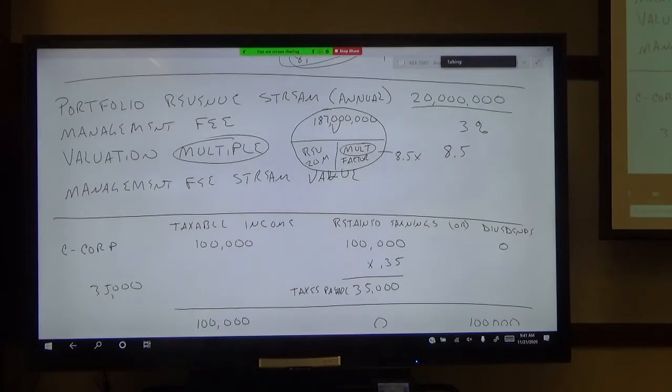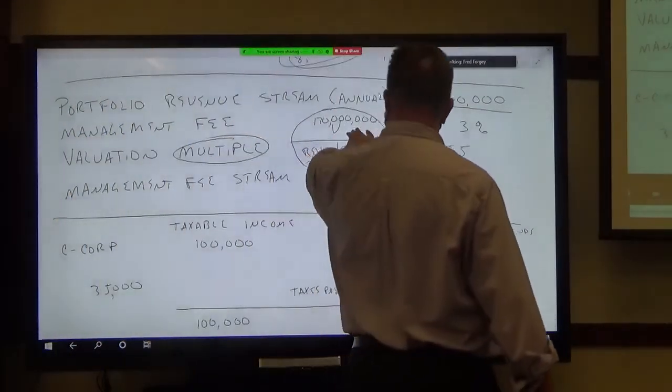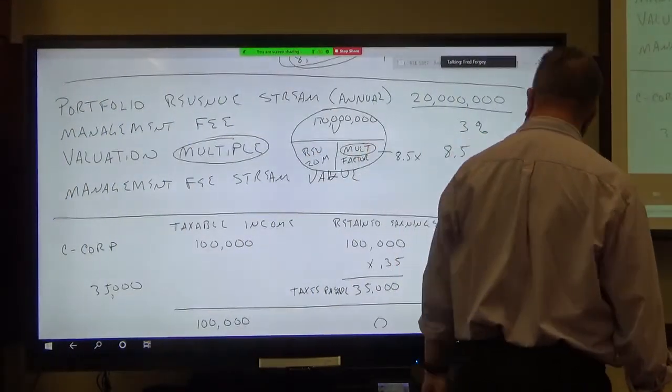Okay, well, let me put it in again. 20 million times 8.5, 170 million. Okay. All right, so 170 million is the value of the portfolio.